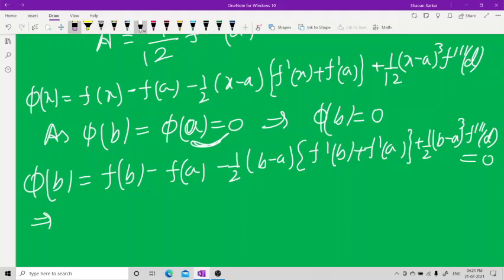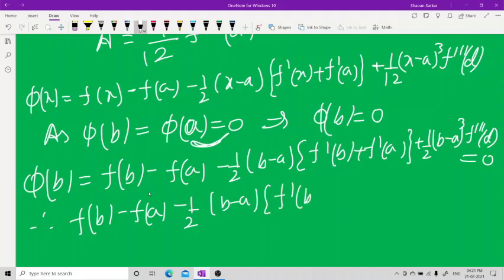Therefore, f(b) minus f(a) minus half (b minus a) (f'(b) plus f'(a)) is nothing but minus 1/12 (b minus a) whole cube f'''(d).